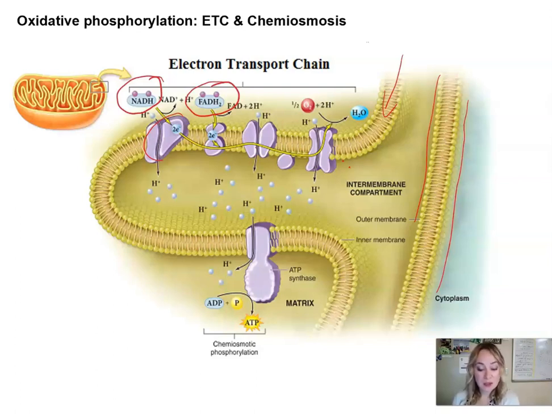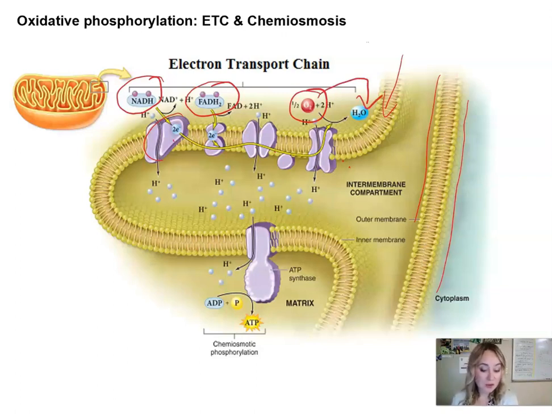So they release the electrons into the ETC. And the electrons will be moving from protein to protein to protein along the way, from donor to acceptor through a series of redox reactions until finally they get picked up by oxygen. So oxygen pulls electrons, attaches hydrogen, and then together they become reduced into water.